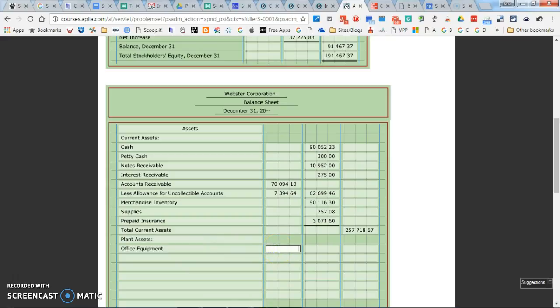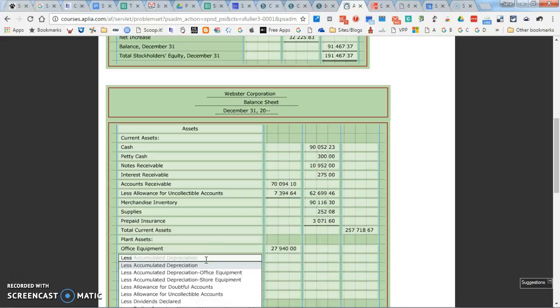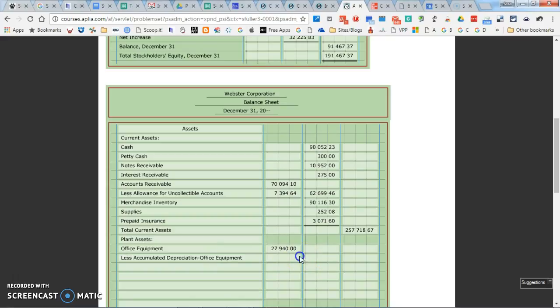First column, $27,940. Next is less accumulated depreciation office equipment. So first column, $9,535. So then we will have $27,000 minus $9,000. Put that total here in the middle column, $18,405.